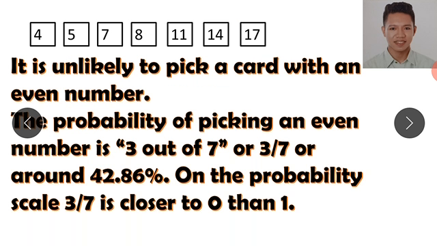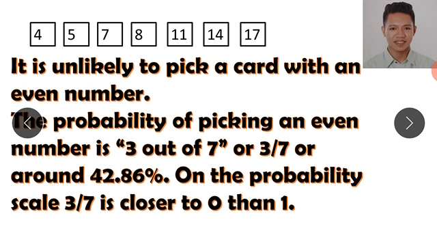over 7. So it means that it is unlikely to pick a card with an even number. Why is it unlikely? Because it is lower than a 50-50 chance. It is lower than 50% because it is just around 42.86% if you convert 3 over 7 into percent.